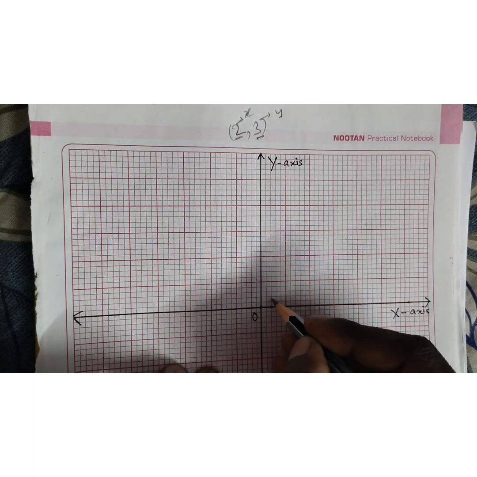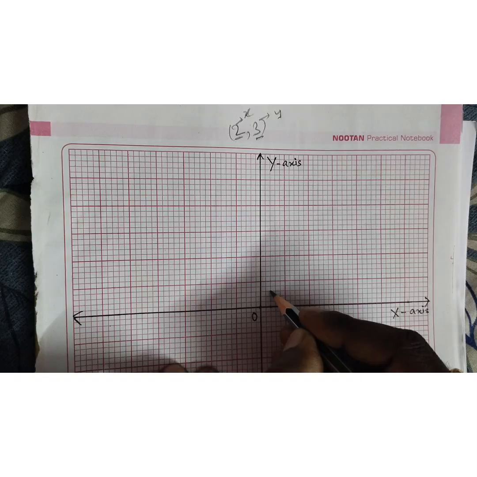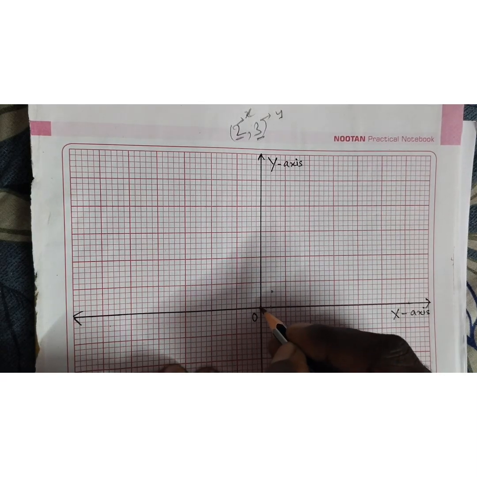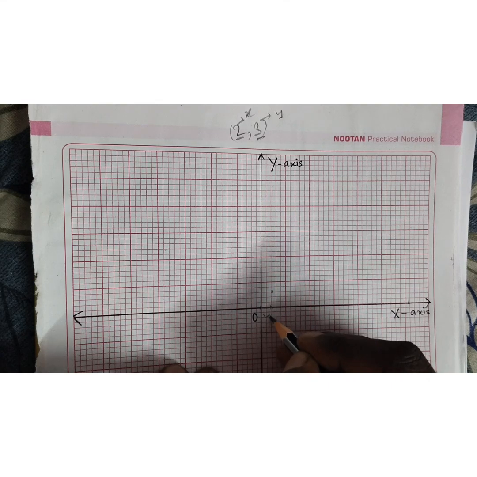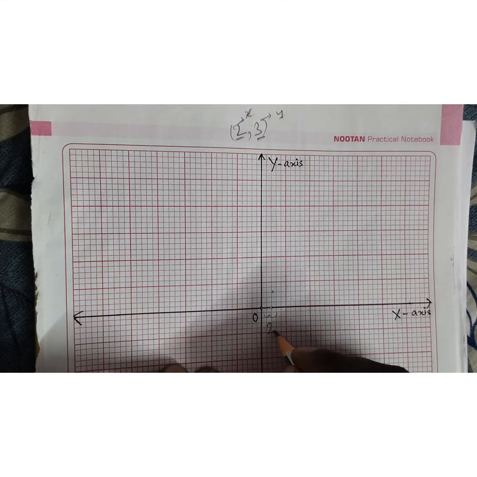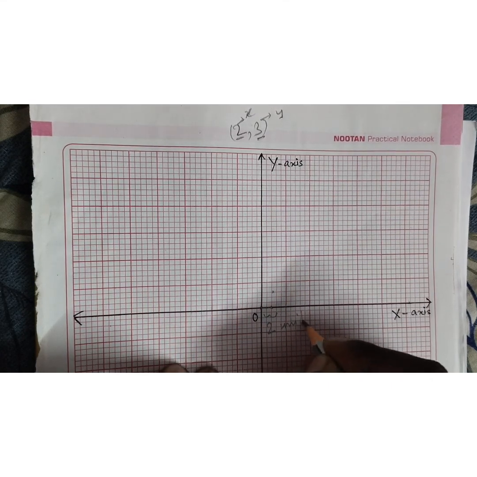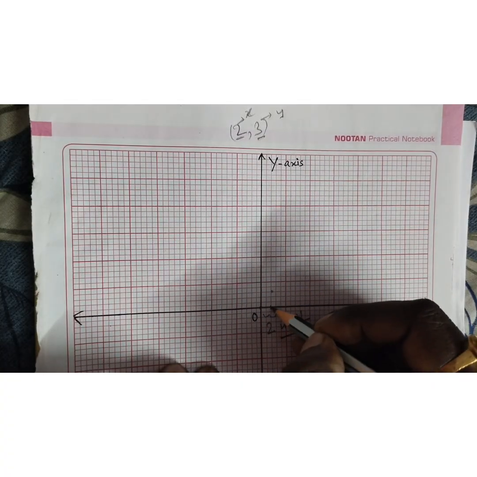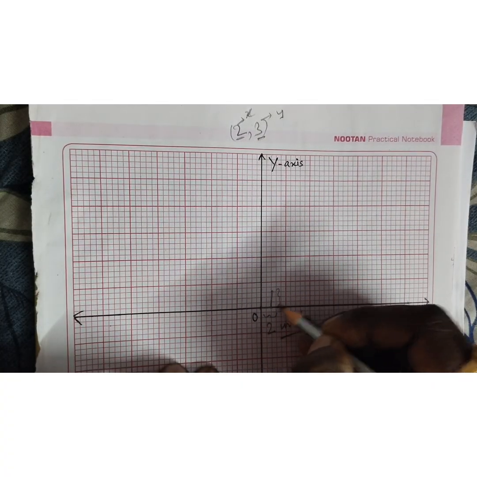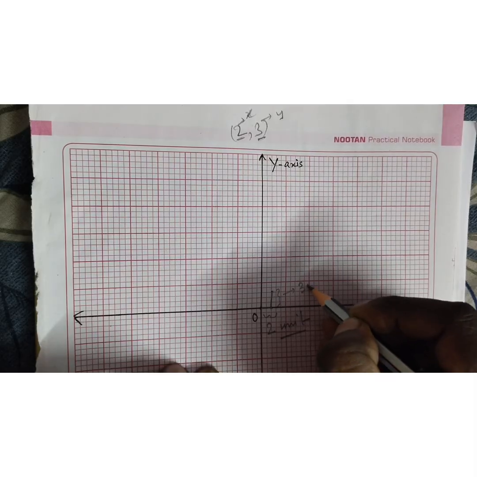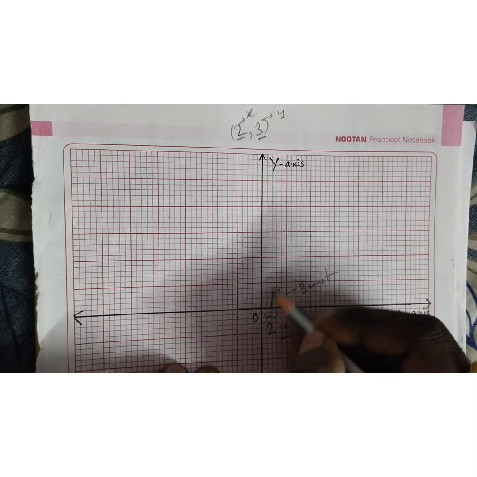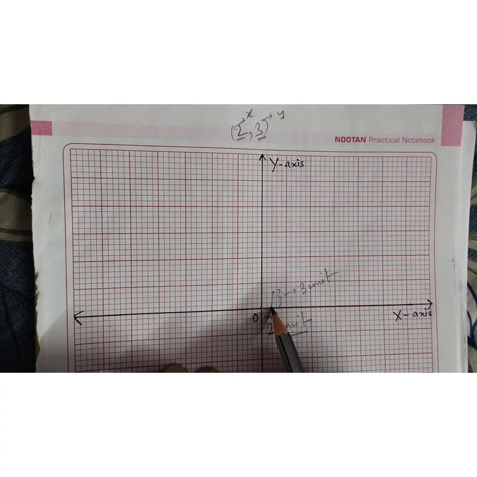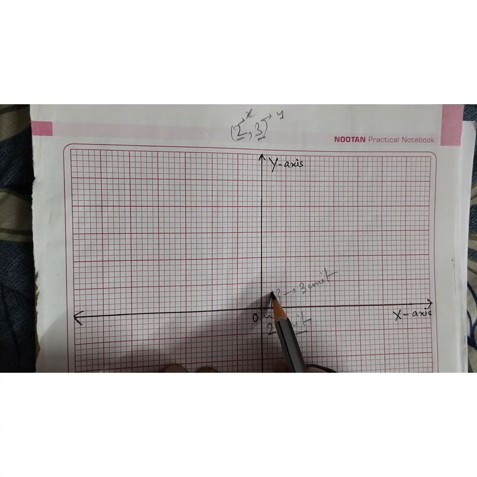So 1, 2 and 3. So we have moved 2 units along the x-axis and 3 units along the y-axis.